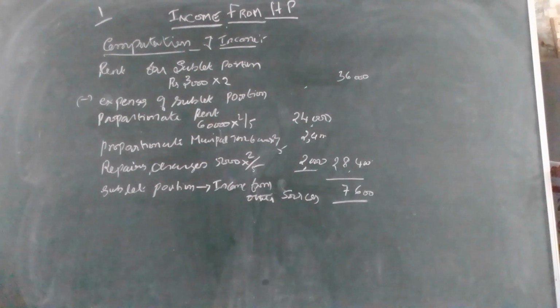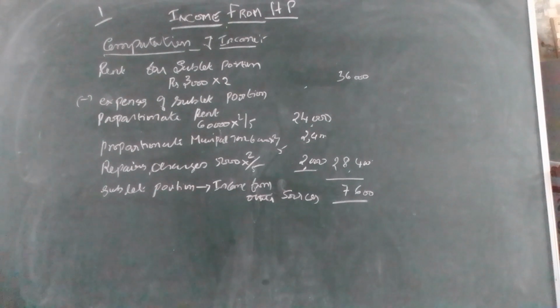So let us take the problem. Rent received here means sub-rent received against the sublet portion: 3,000 rupees, 2 portions are sublet, so 3,000 into 12 months, total 36,000.